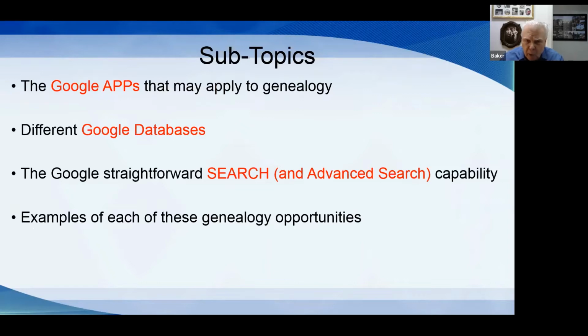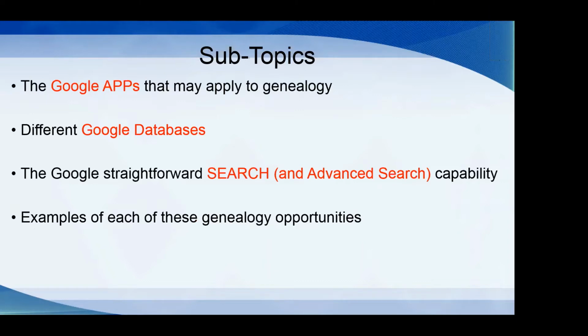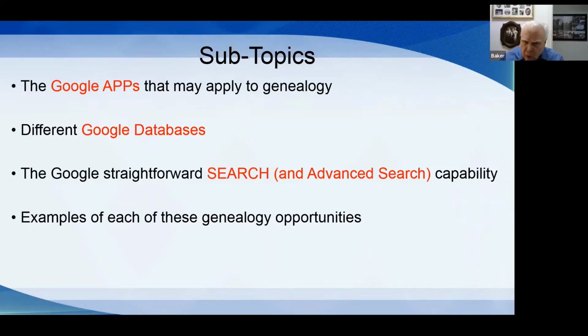There are a number of subtopics that we're going to cover within the large world of Google. There are different Google applications, several of which will apply to genealogy. And because of that, there are a number of different Google databases, some of them that again will apply to genealogy.